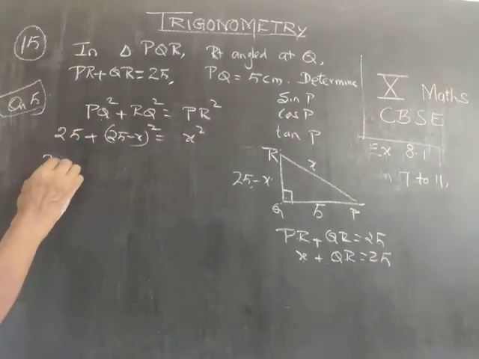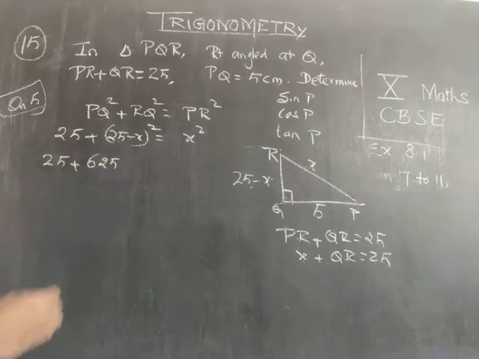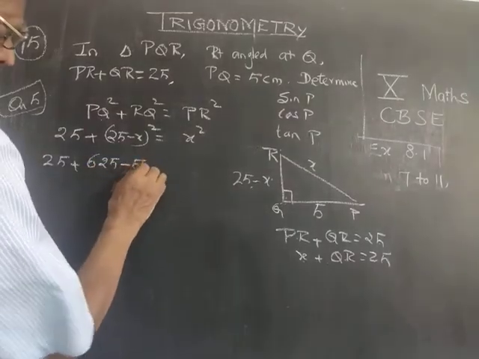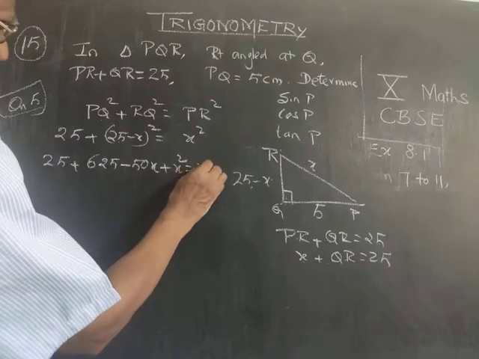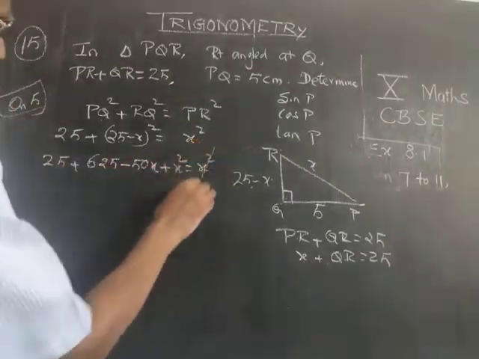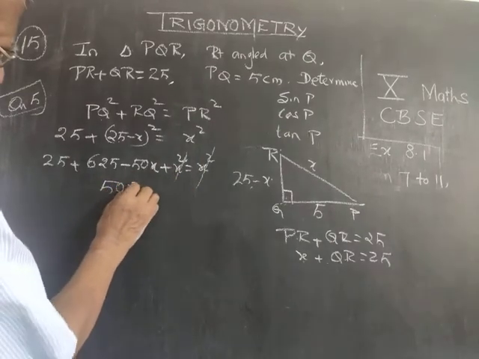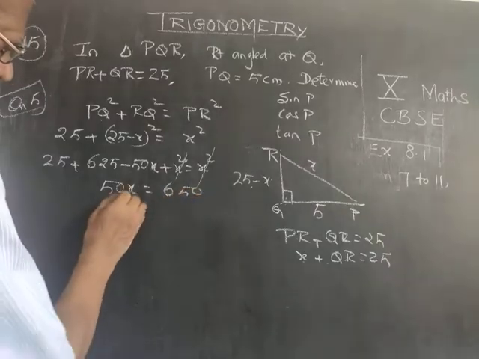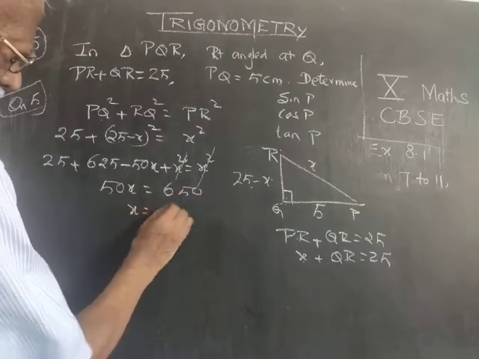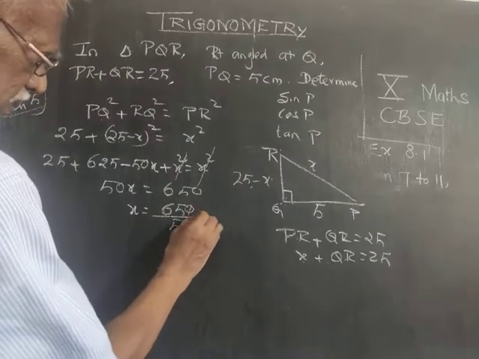Now expand it: 25 square, therefore 625, the 2AB term, so minus 50x, and then B square, X square, equal to X square, which gets cancelled. Take this 50x, so 50x will be equal to 650, so X will be 650 divided by 50, that is 13.